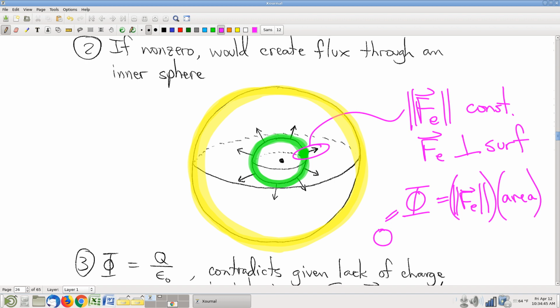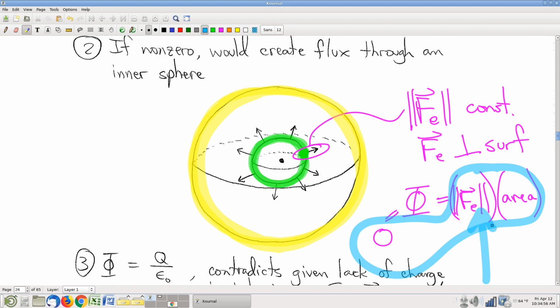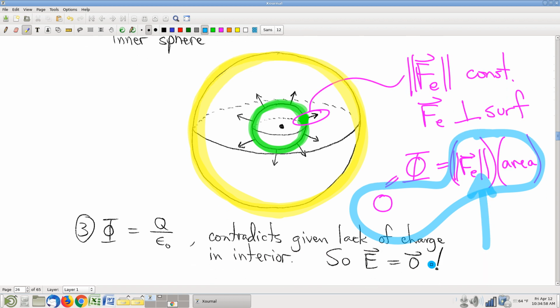And what does that tell us about the electric field? It tells us that the electric field, that thing right there, it's got to be zero. Right? What is it I can multiply times area to get 0? Well, 0 is the only answer. Everybody see how that works?